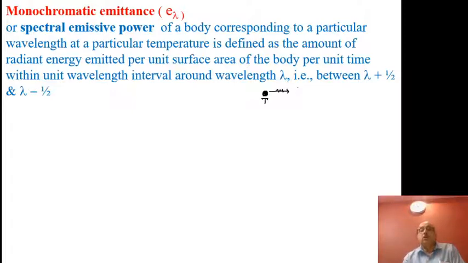Because it is radiating all the wavelengths and we are considering the radiation from lambda plus half to lambda minus half, that is, the range of wavelength is unit wavelength.